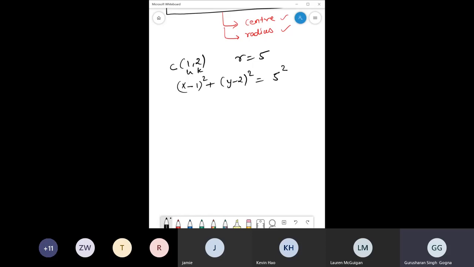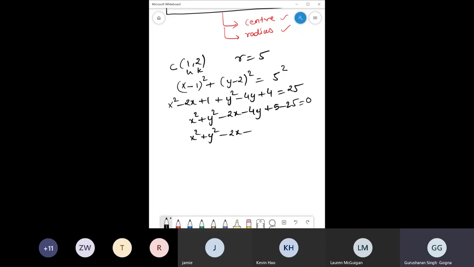And this is not the expanded form. So if you expand the brackets, what will you get? x square minus 2x plus 1 plus y square minus 4y plus 4 equals 25. So x square plus y square minus 2x minus 4y plus 4 plus 1 minus 25 equals 0. So finally, the equation of the circle is given by this.